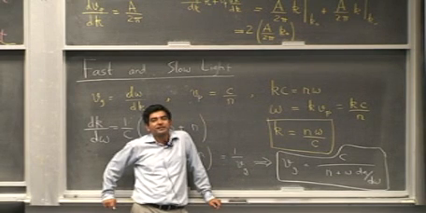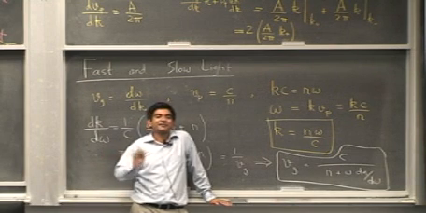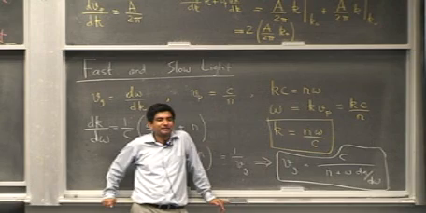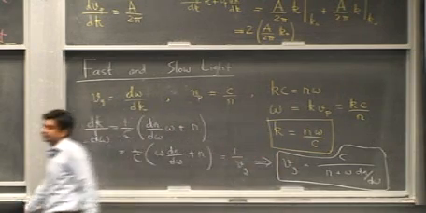You must be lost, but this is all really simple algebra that I am doing so far. This is the most algebraic class of this course probably. But this has a lot of implications, and let me show you what the implications of this result are.